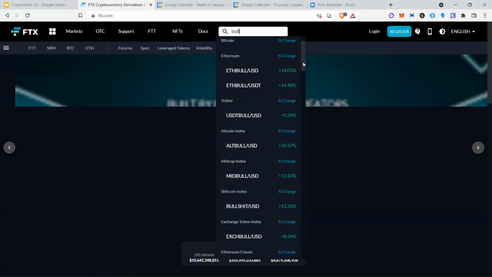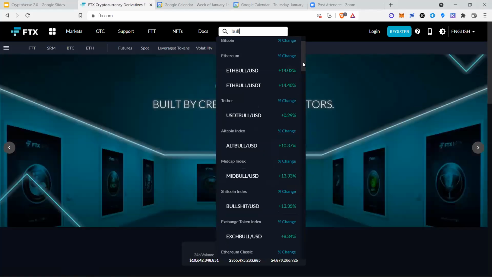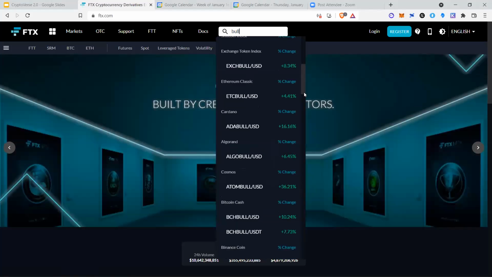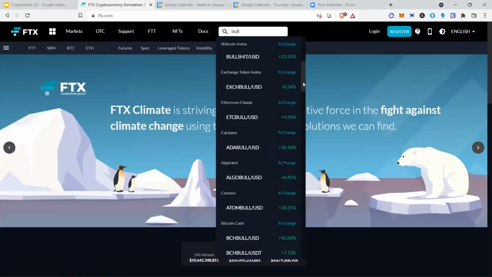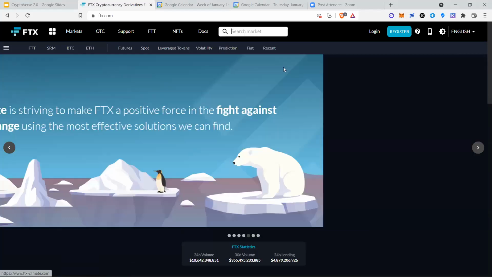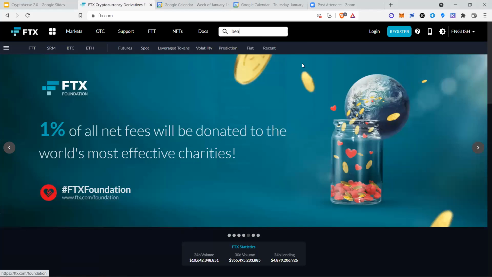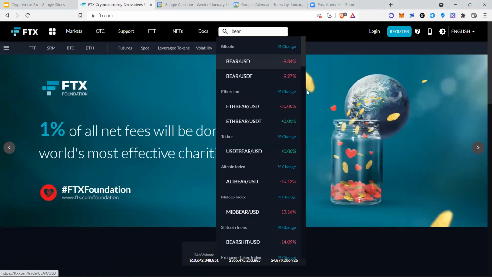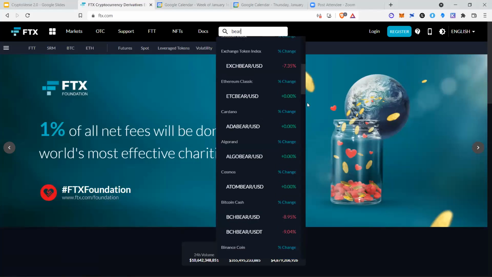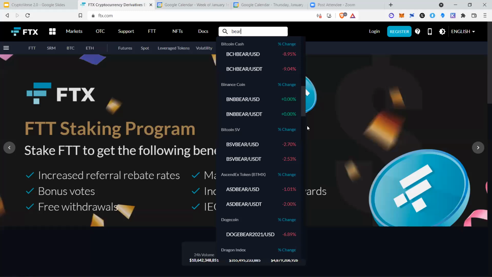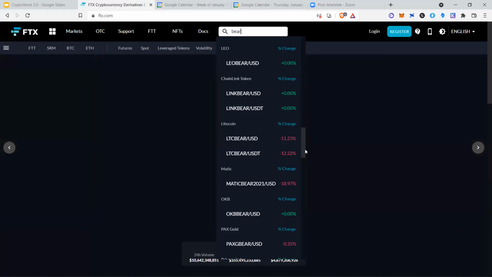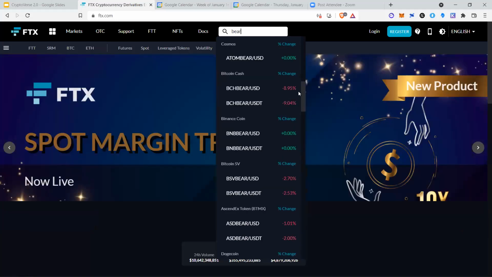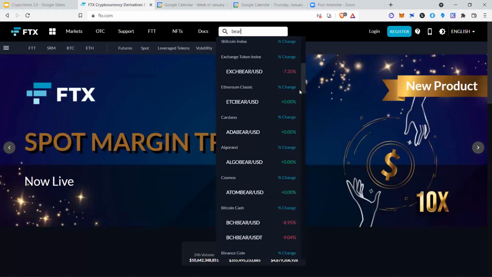What you see is Ethereum bull or Ethereum bear, or Algo bull, whichever coin it is. What you see is bull or bear, which is the same thing as the usual. So if I select bear, you can see that. What you see is the bull or bear token. You won't see up or down.